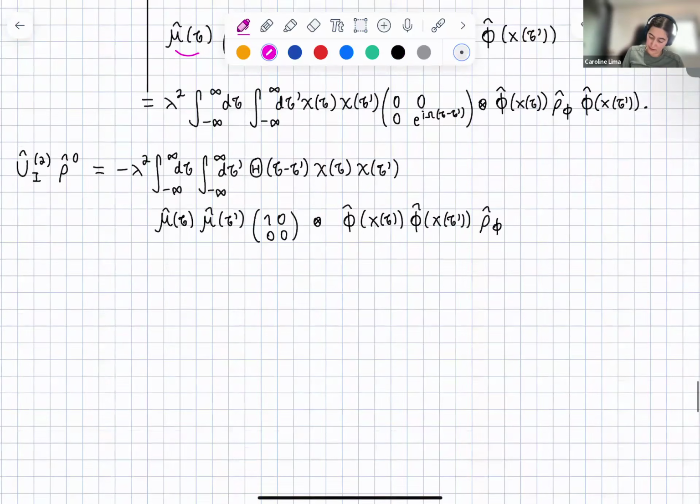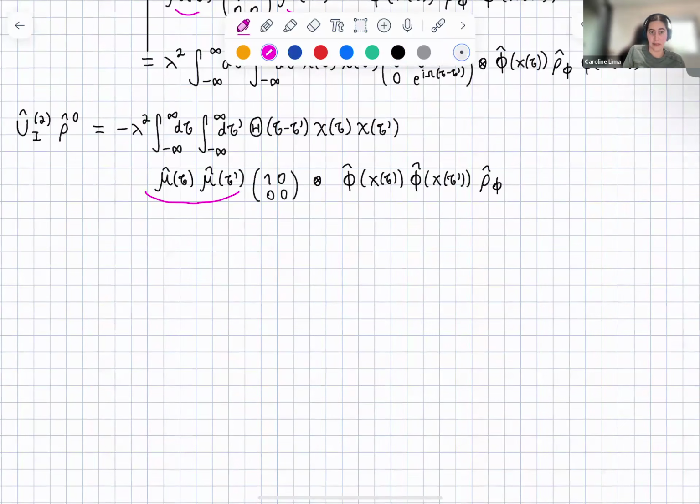So if I do this calculation here, the matrix that I'll get is minus i omega (tau minus tau prime), 0, 0, and e to the i omega (tau minus tau prime).